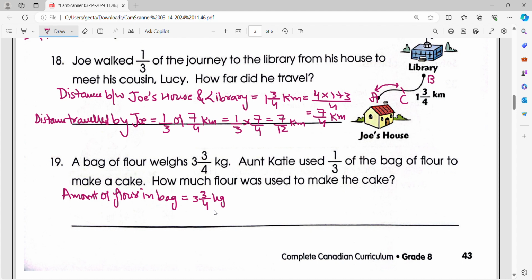Can you please solve it? Okay, so... Very good. It's 15/4 kg, the capacity of that, right? Yes.